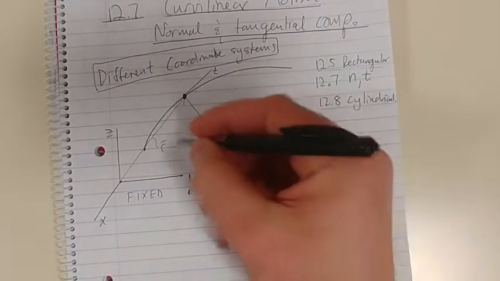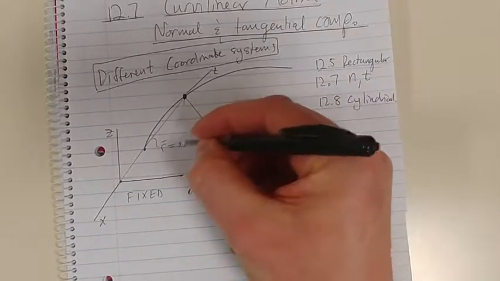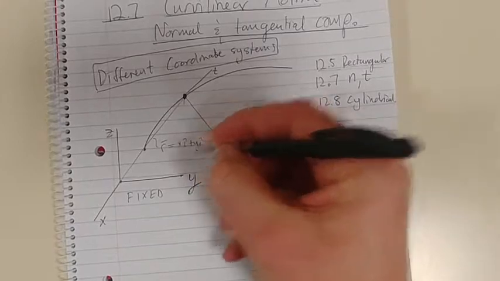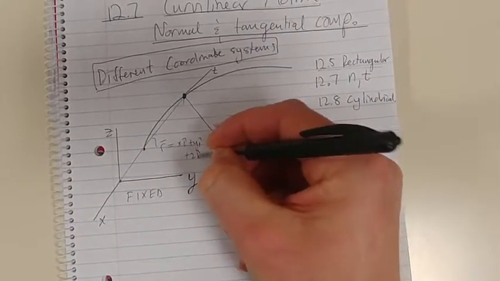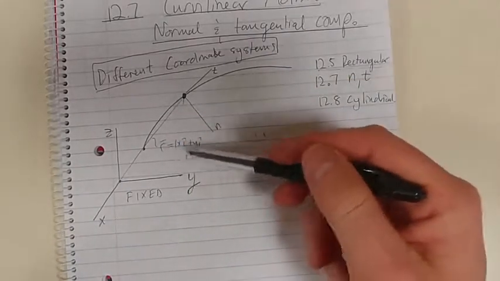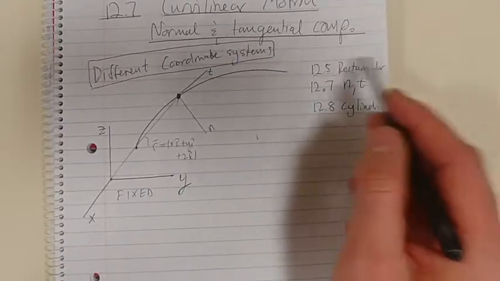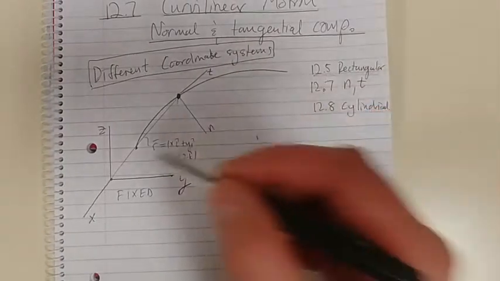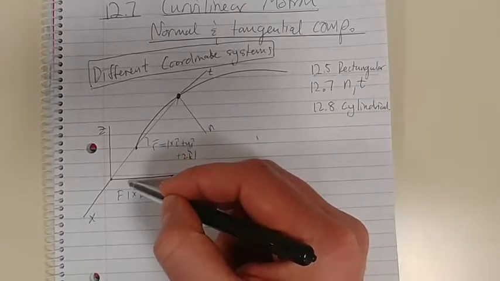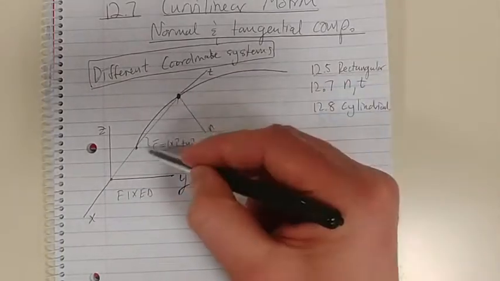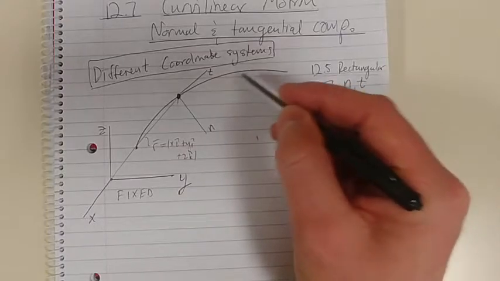We gave it a position vector, xi plus yj plus zk, for example. Then we got the velocity from that, and the acceleration from that. With rectangular components, we had a fixed reference frame, and as the particle moved, our position vector changed over time.